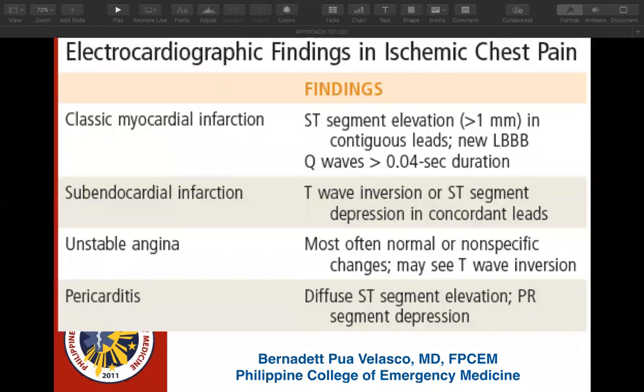For unstable angina, most often you have normal or non-specific changes in your 12-lead ECG. You may also see T-wave inversion. For pericarditis, there is a diffuse ST segment elevation and PR segment depression. So don't be confused by these findings. Most of the time, we read this as a myocardial infarction, while in fact the patient only has pericarditis rather than a myocardial infarction.